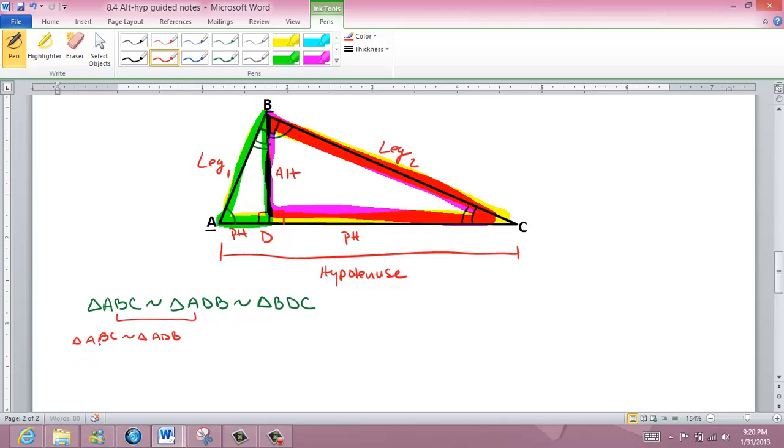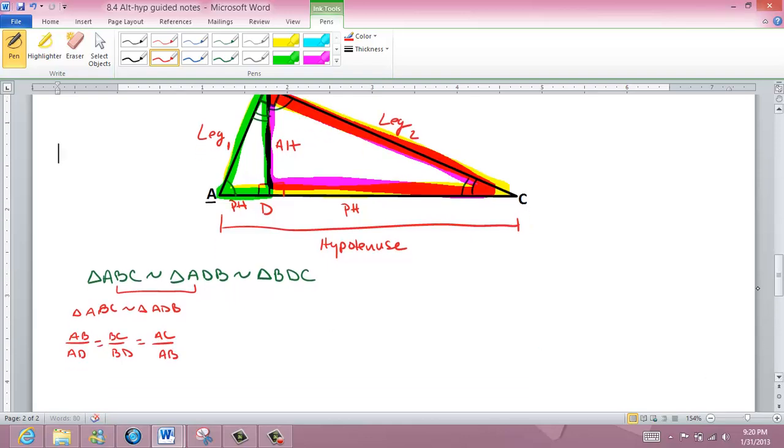So first, if I take the first two, AB to AD equals the second two, BC to, and we're going to keep everything in alphabetical order, BC to BD. And finally, we're going to take the first and last, which would be AC and AB.